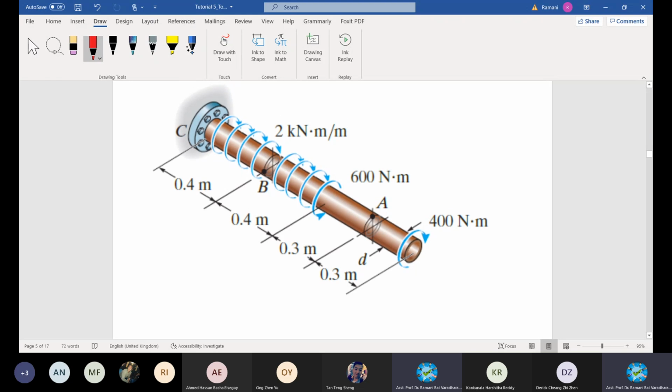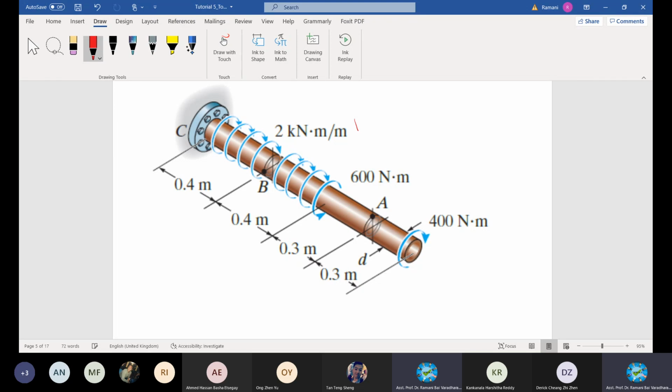The circular shaft is attached to the support at C, and there are distributed moments of about 2 kilonewton meter per meter acting from C to the mid of AB, and then at point A, after a certain distance there is another moment.